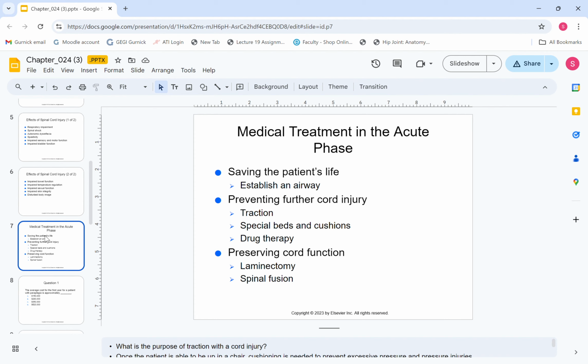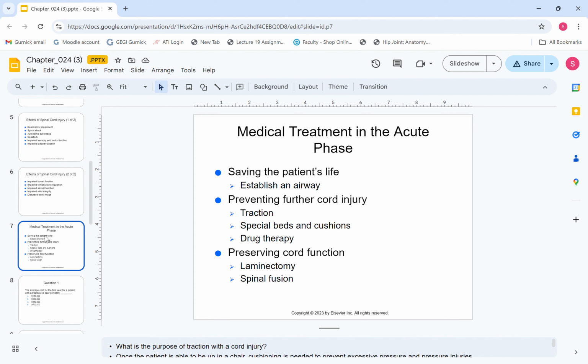This halo vest has some advantages over the Gardner-Wells tongs. With Gardner-Wells tongs, the patient is stuck in bed. They're stuck to that pulley system. They can't get up and walk around. With the halo vest, the vest and those rods and the halo are holding the head and neck still, and the person can actually get up and walk around, or they can get up and use a wheelchair.